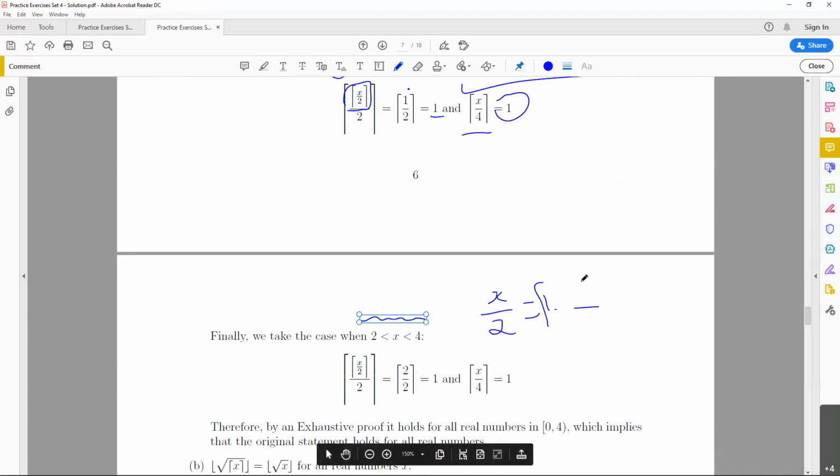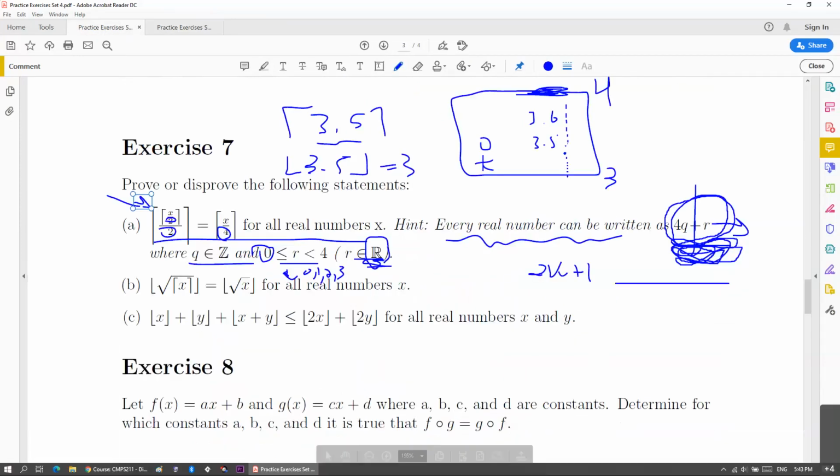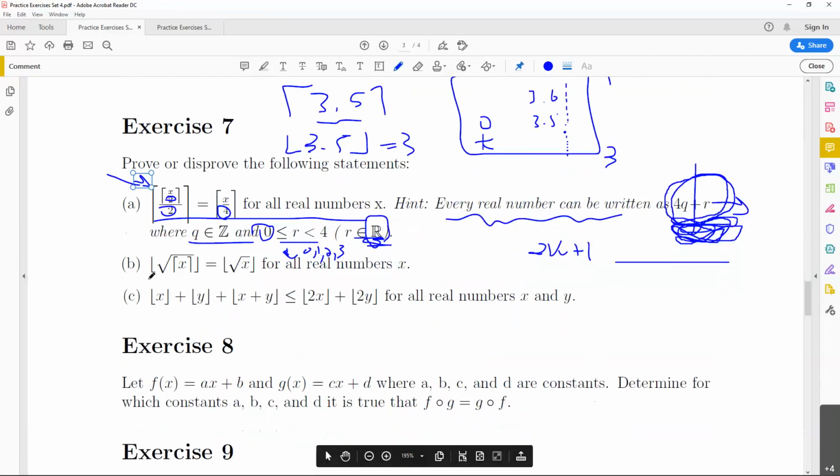Ceiling of 1 point something is going to be 2. 2 over 2 is 1. Done. Right-hand side, same thing. It's equivalent. So yeah. Exhaustive proof. So you're checking every possible case in the range 0 to 4. Okay.